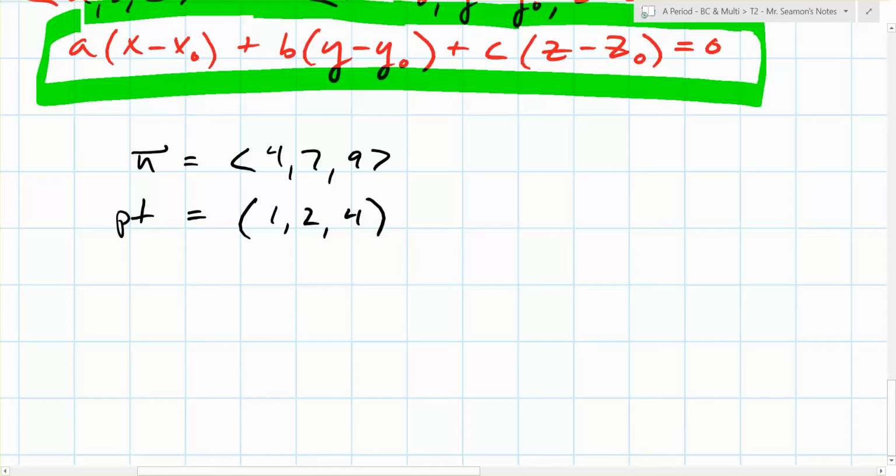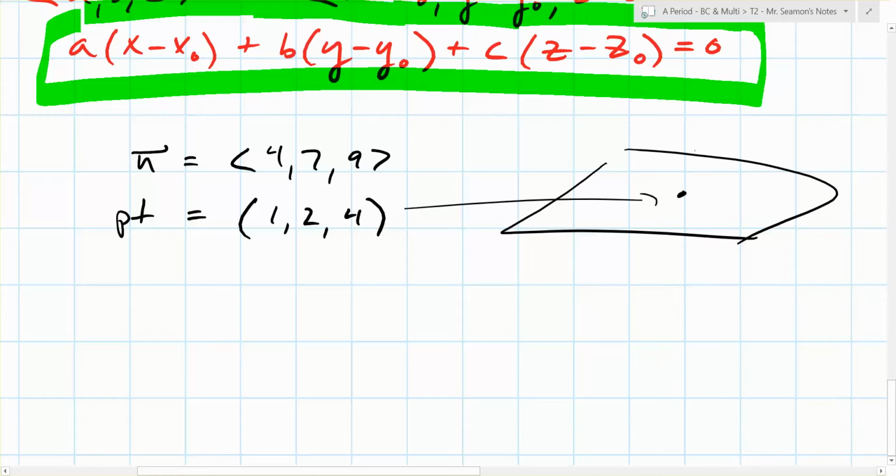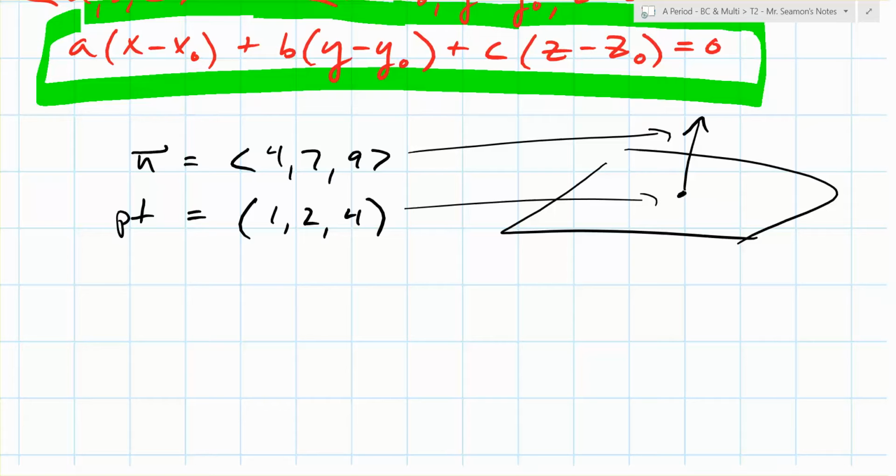I could ask you, what's the equation of the plane that passes through the point 1, 2, 4 that is perpendicular to 4, 7, 9? Meaning you're looking for a plane that passes through this point right there that is perpendicular to this vector right there. Can anybody tell me what the equation is? It's right there. Use the equation that's right in front of you. What's the a value?